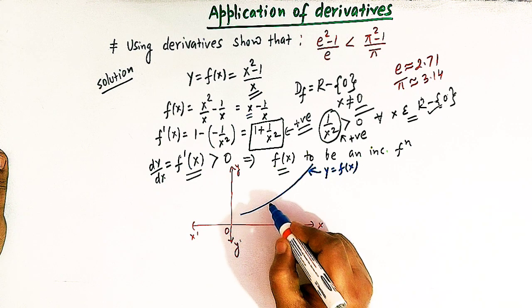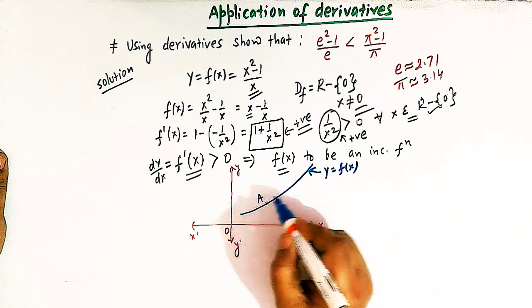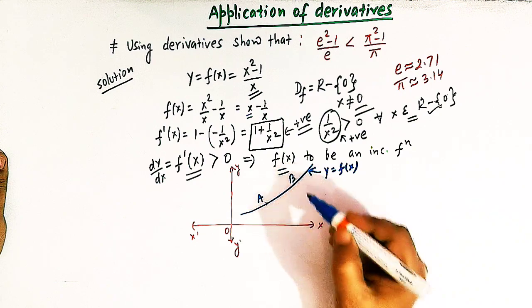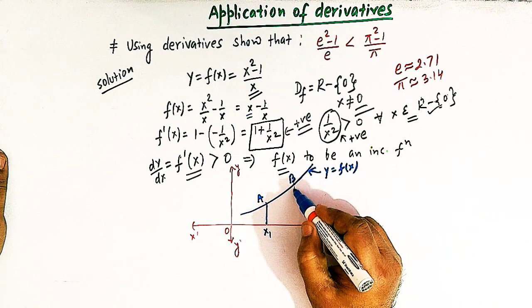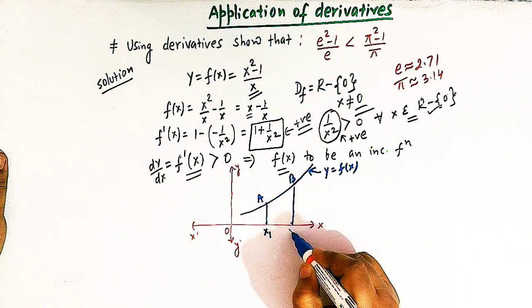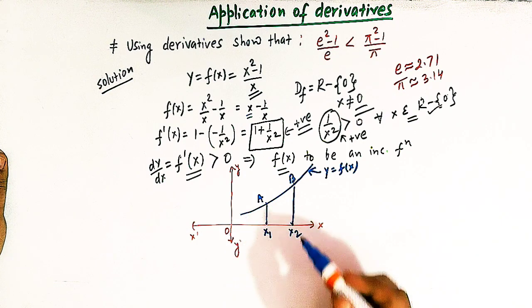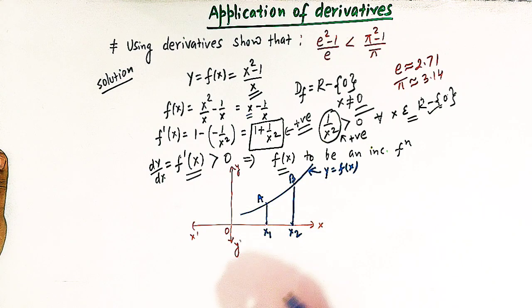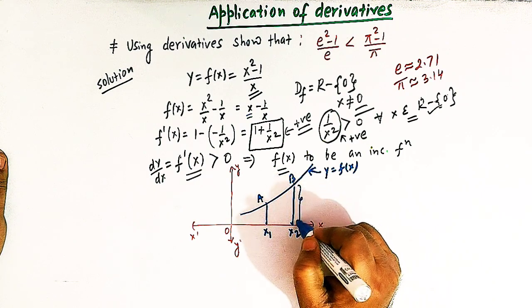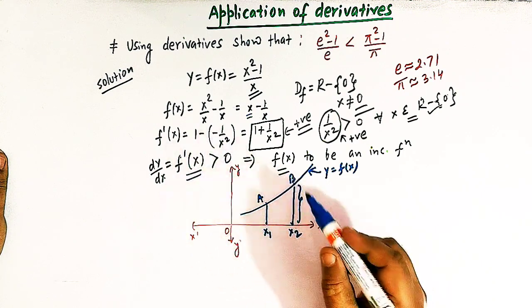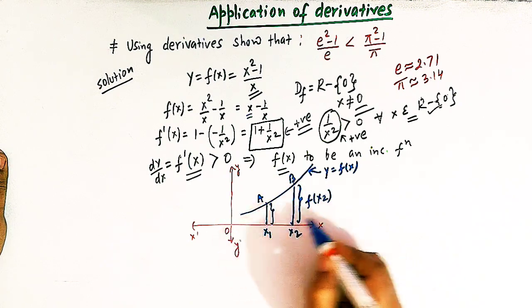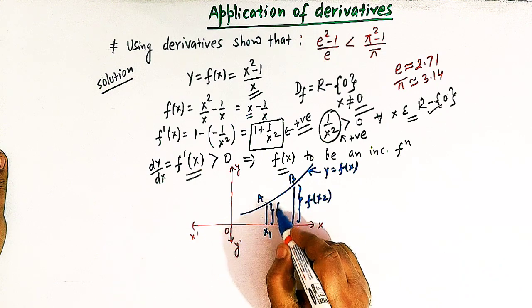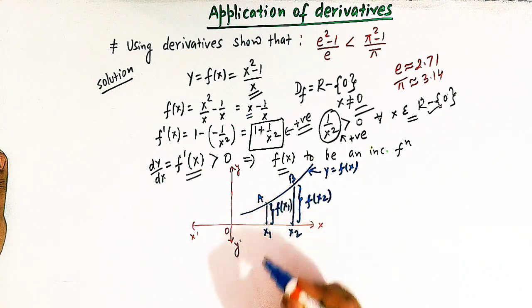Let us take two points on this curve, A and B, with abscissae x1 and x2. From this graph we can see that the value of f of x2 is always greater than f of x1.